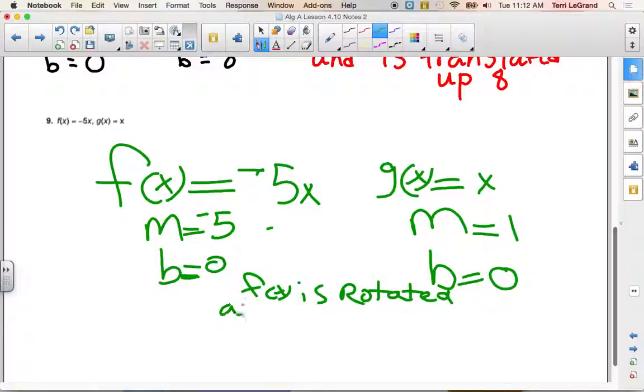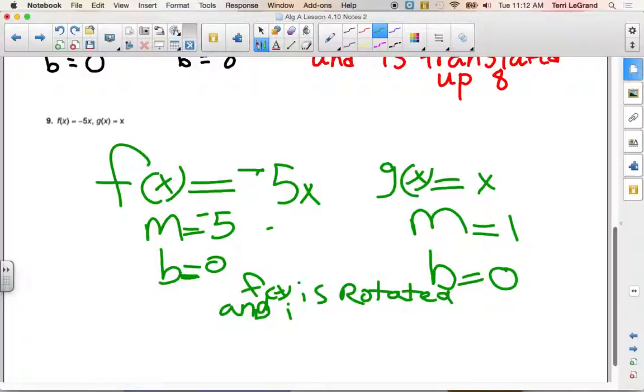Okay, how do we feel about that? Is that the only thing that happened then? Cameron? Reflected. And is reflected. Oh, and how do we know it got reflected? Yeah, the sign changed from a negative to a positive slope, so that means there's also a reflection.